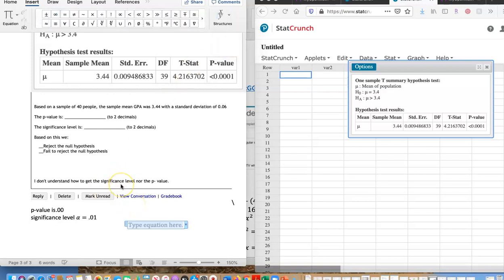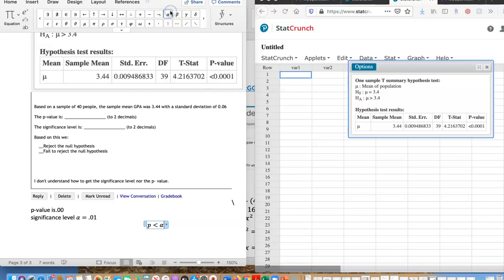if the p-value is less than alpha, then reject the null.